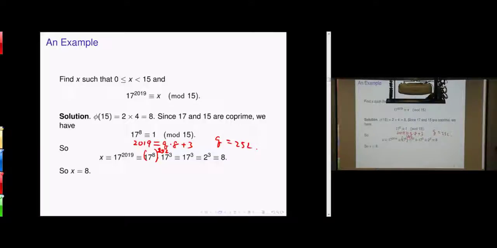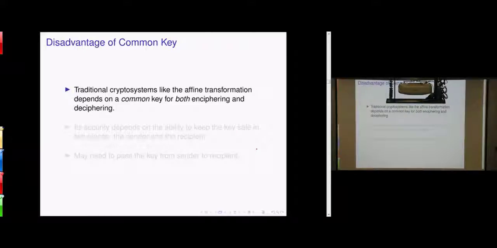Okay. So this is our main topic today. We are going to introduce a very interesting coding system, and supposedly it's safe. So remember, we are talking about crypto systems. Last time we introduced the affine transformation. You look at a linear transformation, f of x is ax plus b.